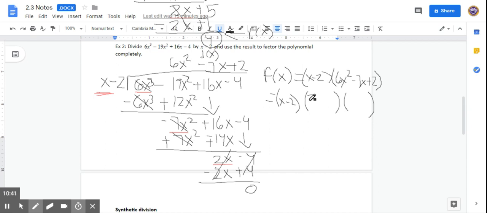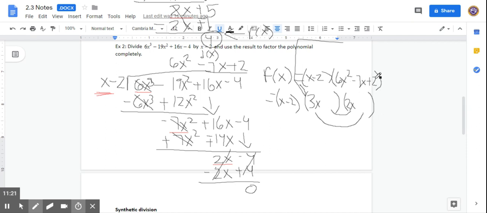So we are going to test out 3x and 2x because 3x times 2x is 6x squared. Something else we could try out is 6x and 1x and see if that works. But we're going to start with 3x and 2x. Now keep in mind, whatever is over here and whatever is in here, those two pieces multiplied have to add together to be negative 7x.